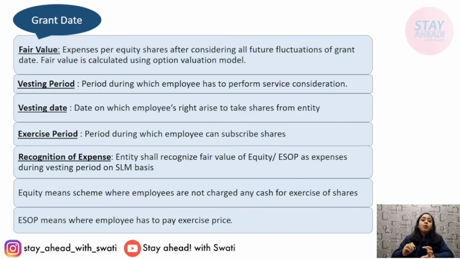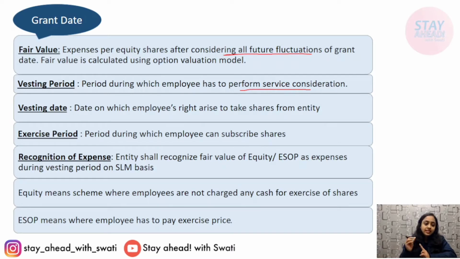There are some important points that you need to understand beforehand. First comes grant date. At grant date there is a fair value, taken after considering all the future fluctuations. Second comes vesting period, a period during which the conditions are being met, during which an employee performs his services or any condition, market price, turnover, that has been laid down will be completed.